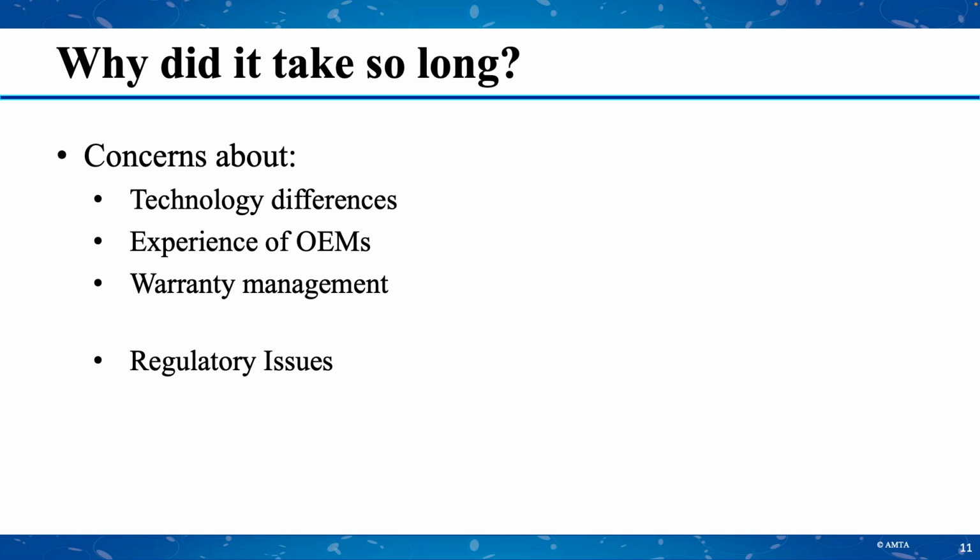Now if you have a company A that's providing the membrane module and company B that's supplying the system, is that going to create some warranty concerns? And then lastly, what about regulatory issues? Is it going to be more difficult to get these systems approved by the regulators?